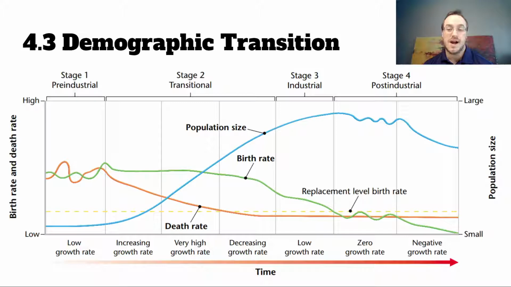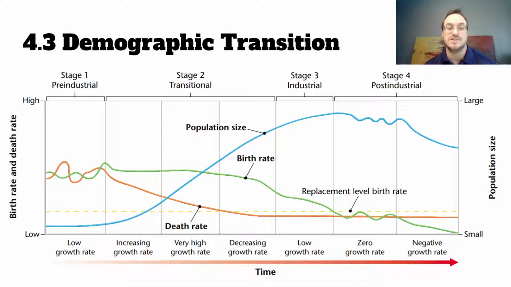The higher birth rates and higher death rates occur in larger populations because there's more people to give birth and there are more people that can pass away. It makes sense? So we're going to treat those as the same, although generally population size is going to be much bigger than the birth rate and death rate, unless you use a percentage, which is what we did here with this graph.